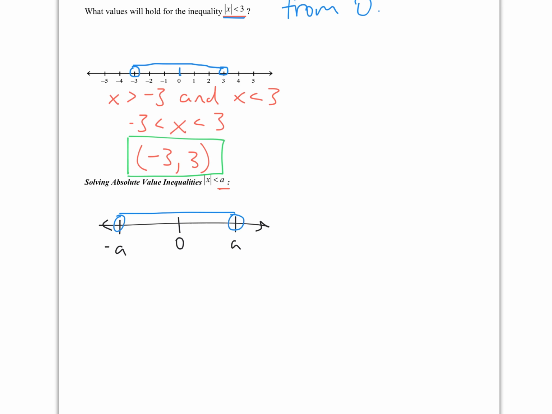So anything between -a and a would be our answers. Again, generalizing it, we would say solutions would be anything that's greater than -a, and it has to be less than a. We could write that as a compound inequality. X is between -a and a, or interval notation from -a to a.